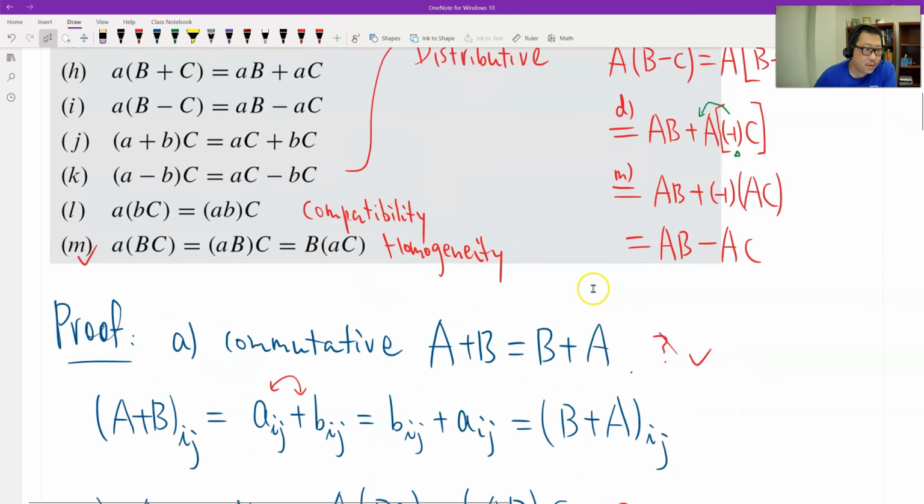And then one more. What is homogeneity? It's not so obvious. I have to take a little time to look at it.